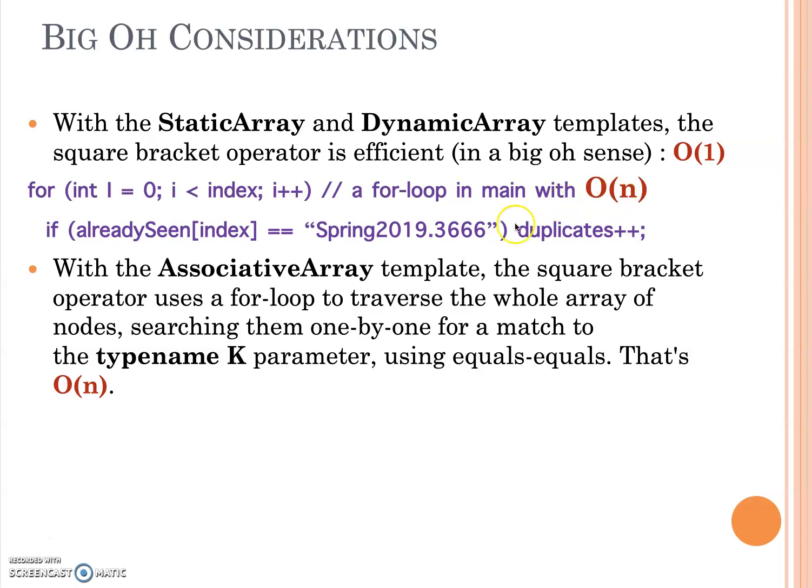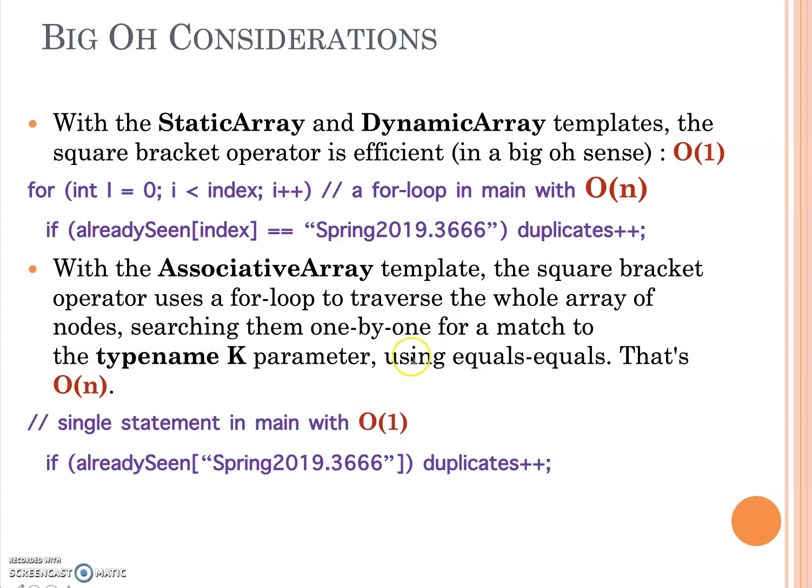On the other hand, when we do the searching each time for the matching value, our runtime is still big O(n). So for the dynamic array, it is easy to implement in the header, but in the main function we have quite a bit of work to find the duplicate. For the associative array, we write more work in the square bracket getter and setter, so the runtime is n.